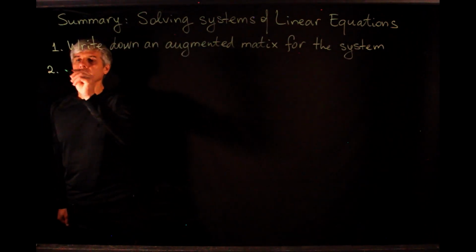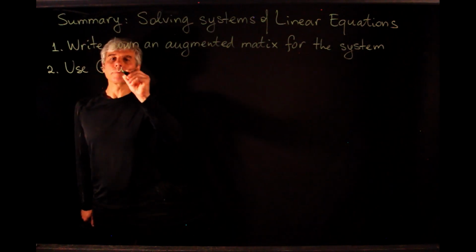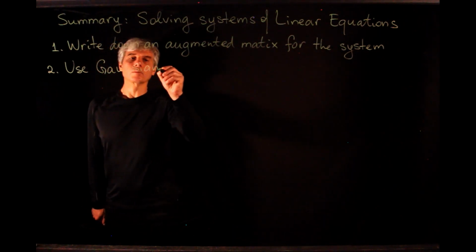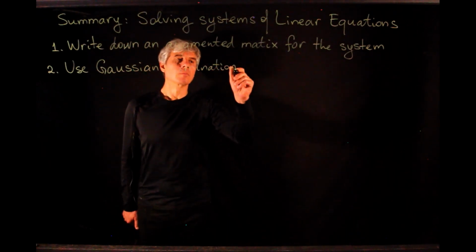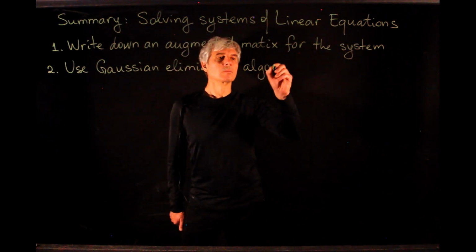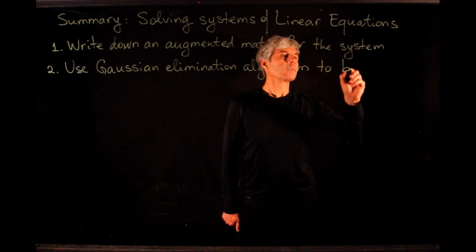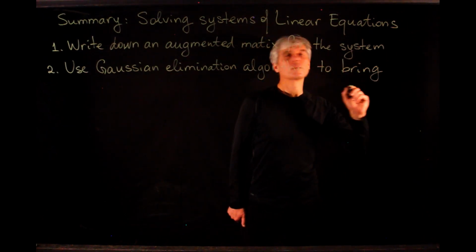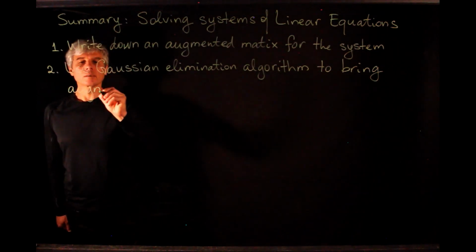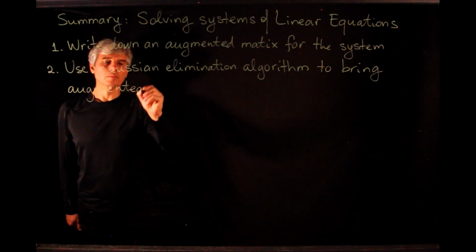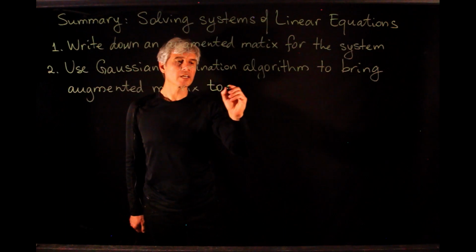Two, use the Gaussian elimination algorithm to bring the augmented matrix to row echelon form.